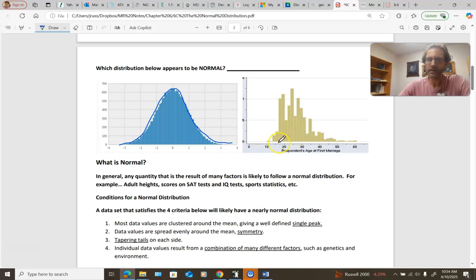And then it's rarer to have people in their low teens getting married, and furthermore, it's also rare to have people really past 40 or 45 getting married for the first time. Okay, it does happen, but typically if you haven't been married by the time you're 40 or 45, from a probabilistic standpoint, then you're probably not going to get married. Okay, and so this looks to me like it's also a right skewed distribution.